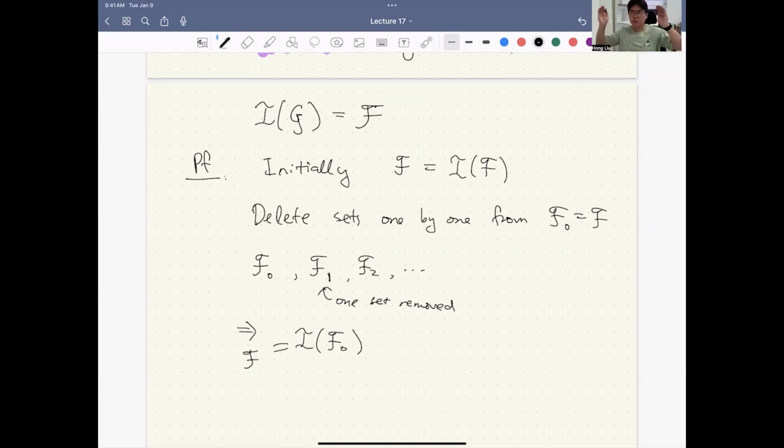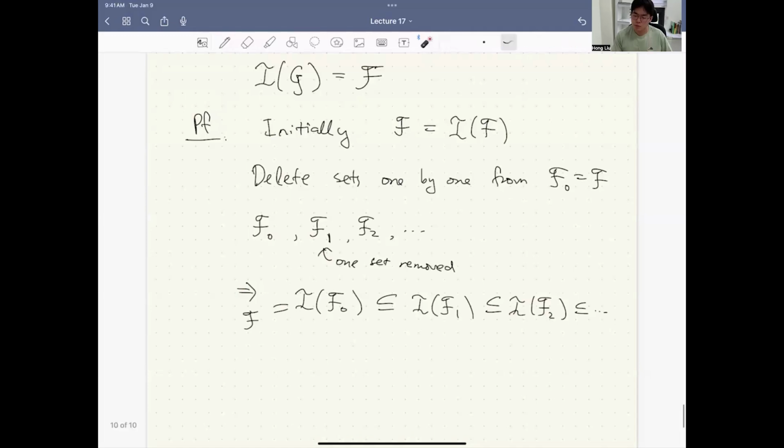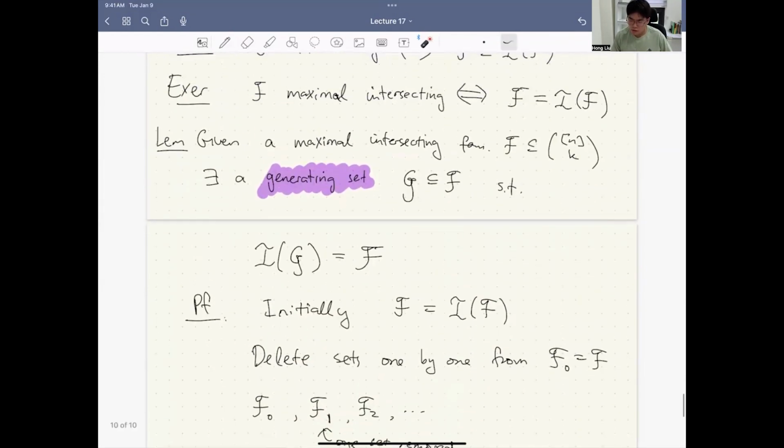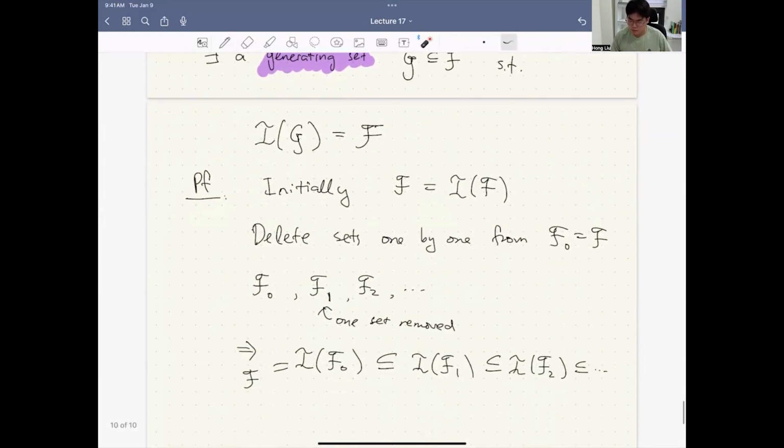If you delete things, you get a smaller family. You look at their I. You go this way, right? A smaller family generates more things. So simply, you go down this chain, and all these can be generating sets.